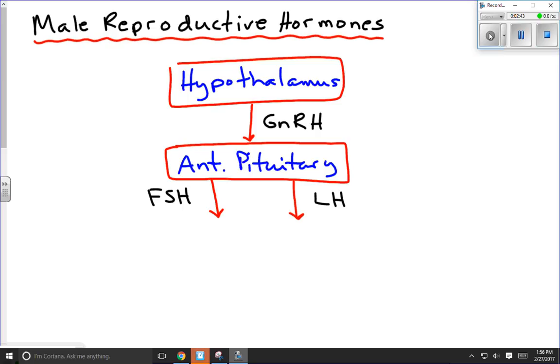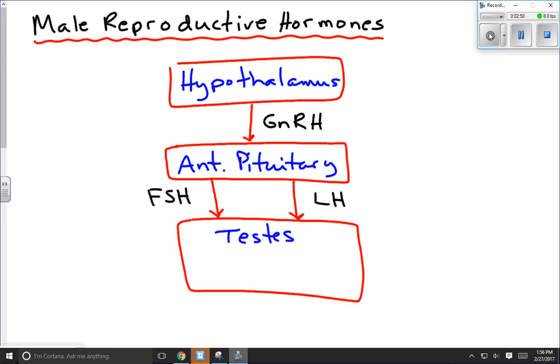All right, so FSH and LH are going to seek out the male gonad. The male gonad is obviously the testes. But there are two parts of the testes. So we're going to divide the testes into two parts. There's the part that makes hormones and the part that makes sperm.